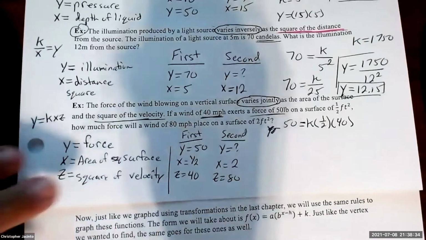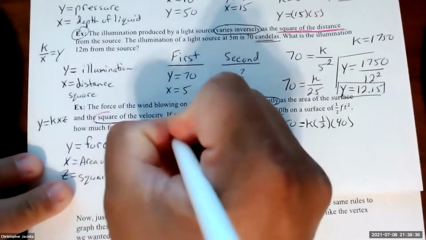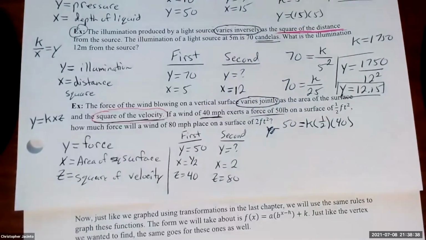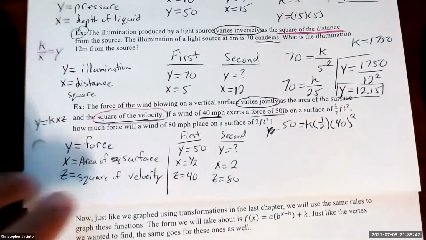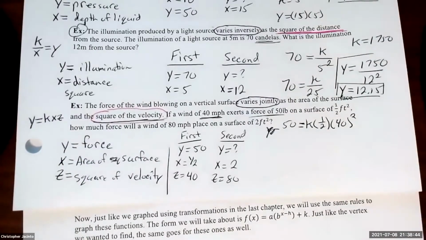Good. Same as the last example, the square of the velocity, which means we're squaring the velocity. So in this case, we're squaring the 40 because that's what the velocity is. Now we can actually find all this stuff out. First off, we do 40 squared, and then divided by 2.